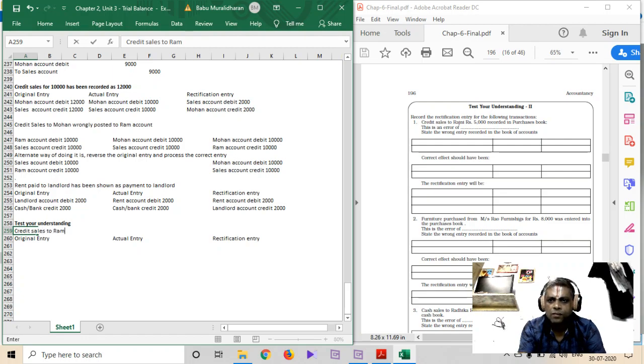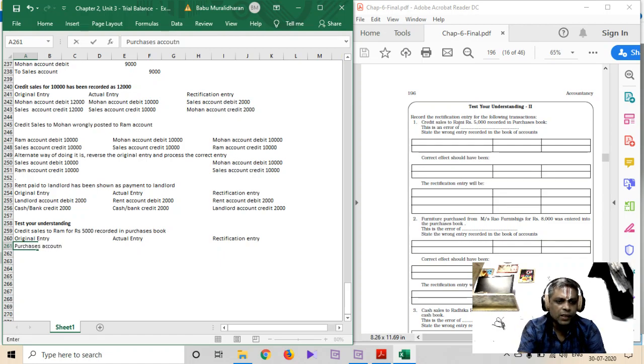So what is the original entry? It is a credit sales to Ram. What is recorded is as a purchases book. So the entry recorded is purchases account debit 5,000, Ram account credit 5,000.